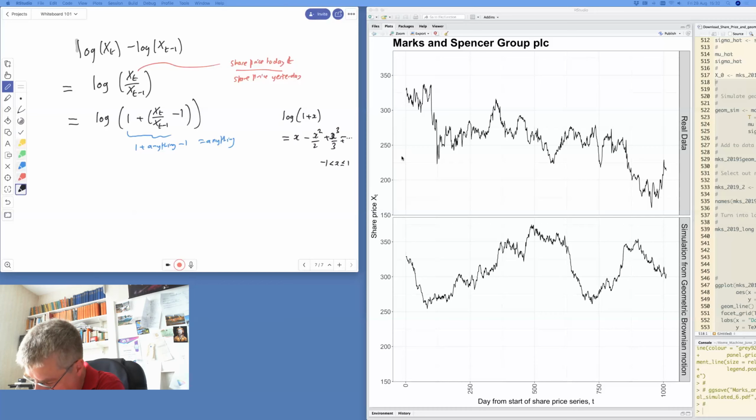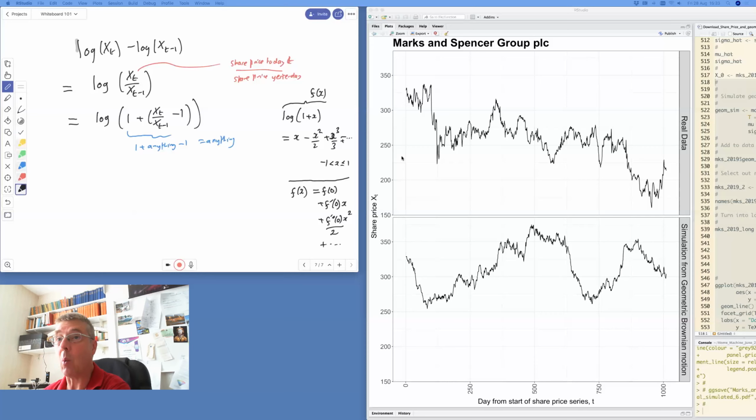You might like to actually obtain that expansion for log 1 plus x for yourselves. You can do it using a Taylor expansion: f of x is f of 0 plus the first derivative at 0 multiplied by x plus the second derivative at 0 multiplied by x squared divided by 2, and so on. So you might like to apply this Taylor expansion to the function log 1 plus x and see what you get.